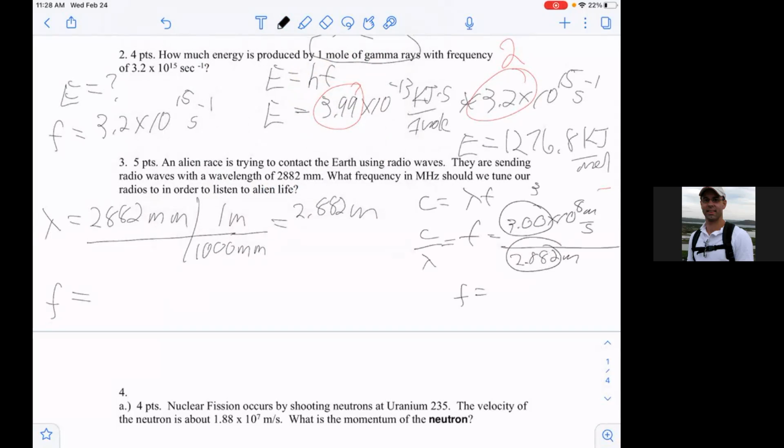So my answer should have 3 sig figs. So that's my frequency.